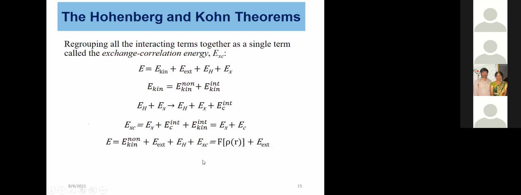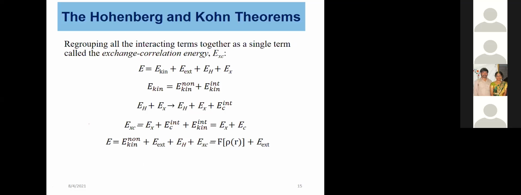So our total energy will be a functional of density as well as one term of E external, that is the electron-nucleus interaction energy. And this functional of density has terms of non-interacting kinetic energy, because the electrons are moving. How the electrons are moving, or in which pattern the electrons are distributed, will decide the density of the electrons in the system.